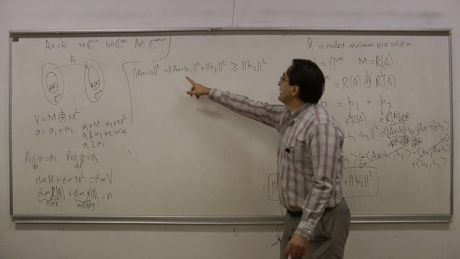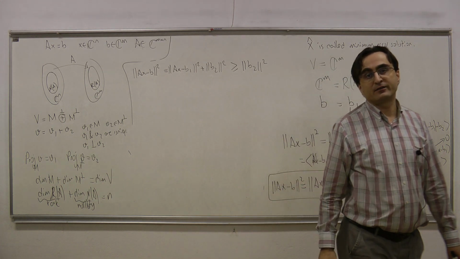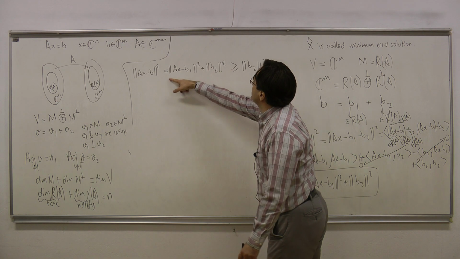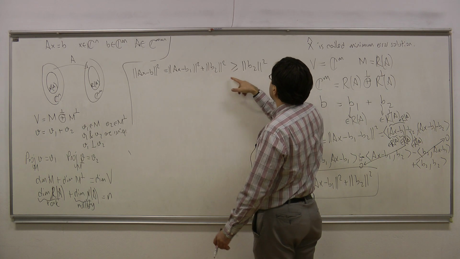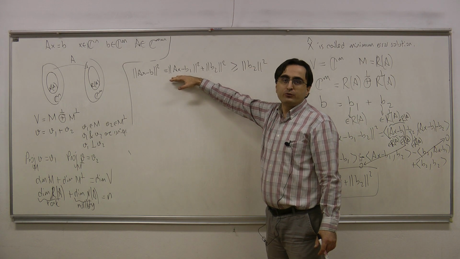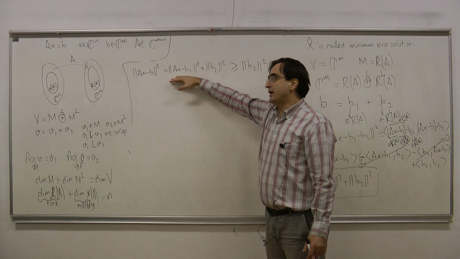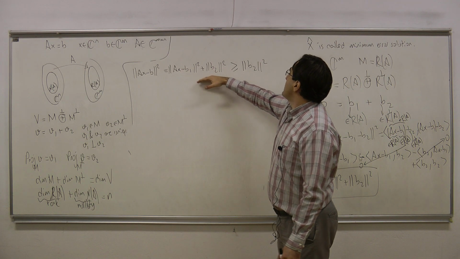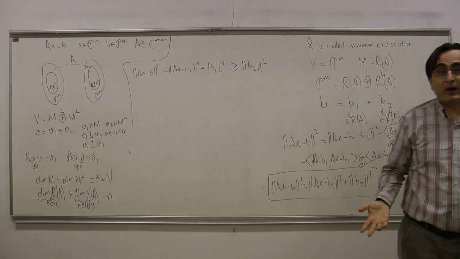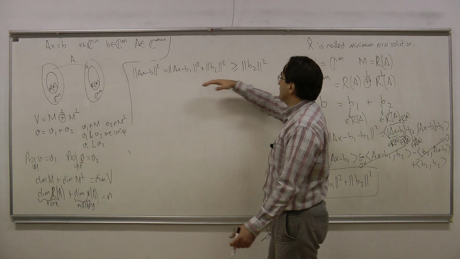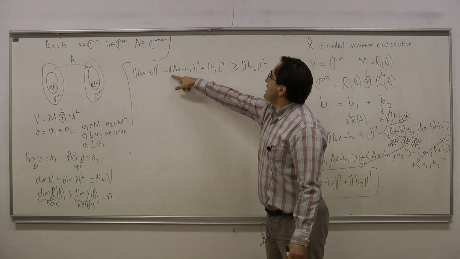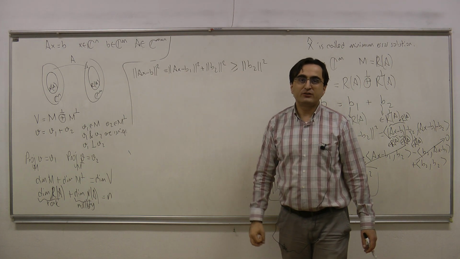So how can this number be equal to this b2 square? Obviously, if the first norm square is equal to 0, then I can make the inequality an equality. Okay? So in that way, I can actually minimize this function. And can I make this norm equal to 0?